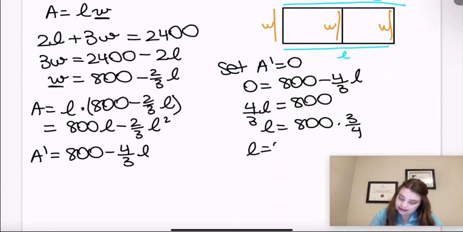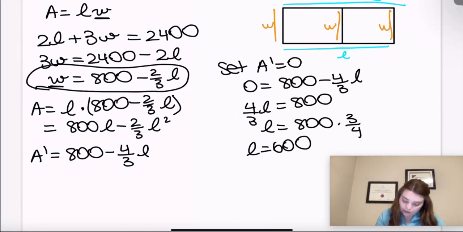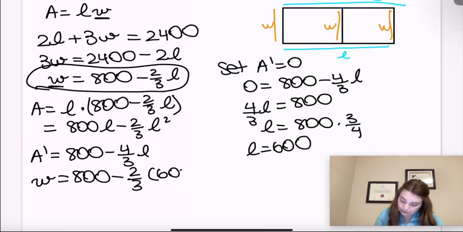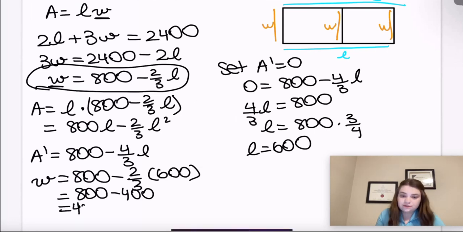So length is 600. Now we know that from this equation here, that width is equal to 800 minus 2/3 times the length. So minus 2/3 times 600, which is 800 minus 400, which is 400.